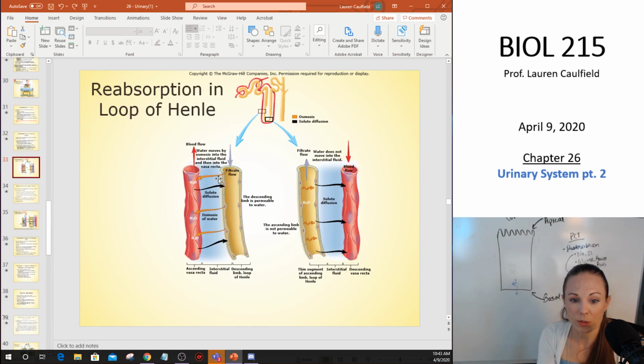All right, so of course, we're not just moving our substances into the interstitial fluid, we're also moving those substances into our capillaries. And remember, the capillary that is surrounding the loop of Henle is going to be the vasa recta. The peritubular capillary beds are surrounding our PCT and DCT, and then the vasa recta is surrounding this loop of Henle. So that's where we are moving either our water or our solutes into.